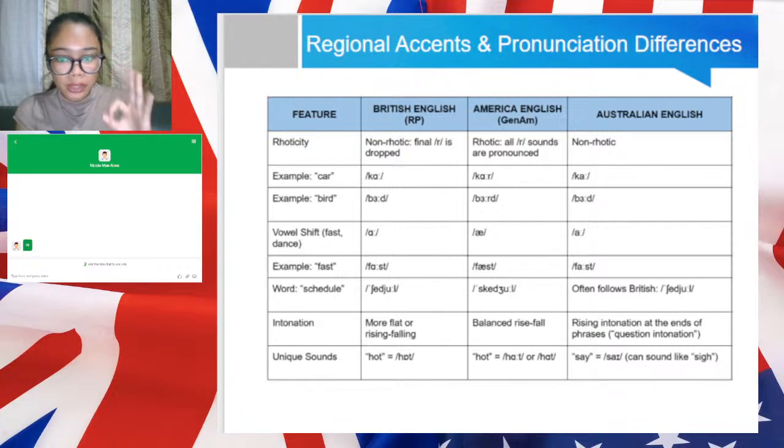All right. Are we clear with that? All good so far? If we're good, let's have the examples. Now, listen to the word car. In British and Australian English, you might hear car. Not totally like that, car.